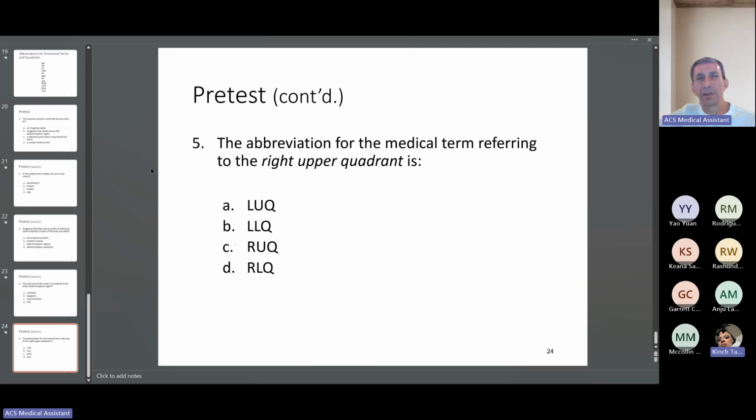Okay, go ahead. This is kind of off topic, but do you know a website where I could take practice tests for the medical assistant national certification?